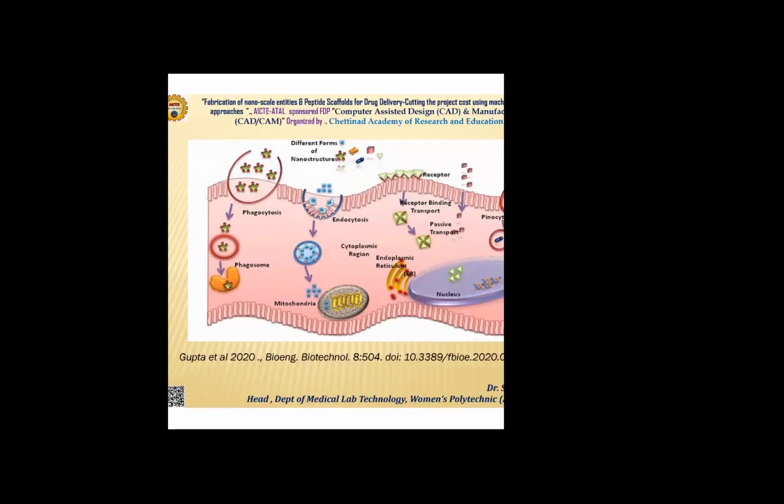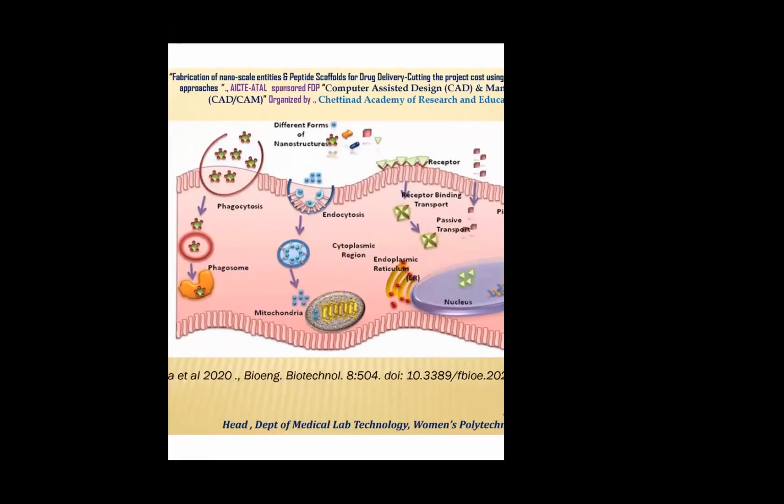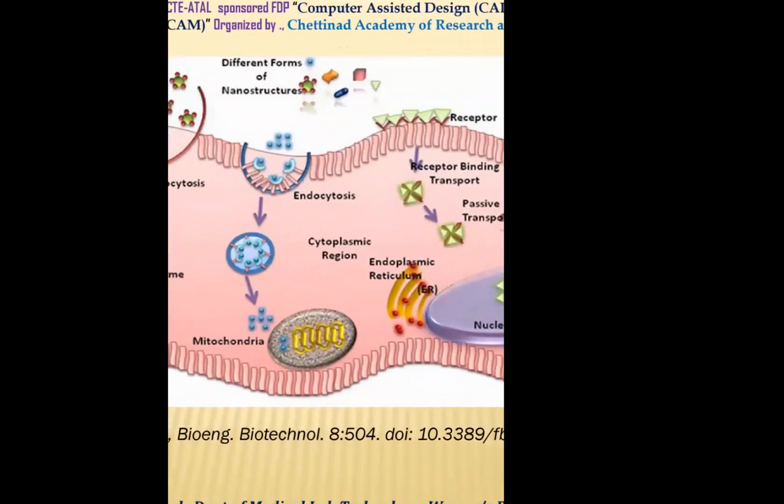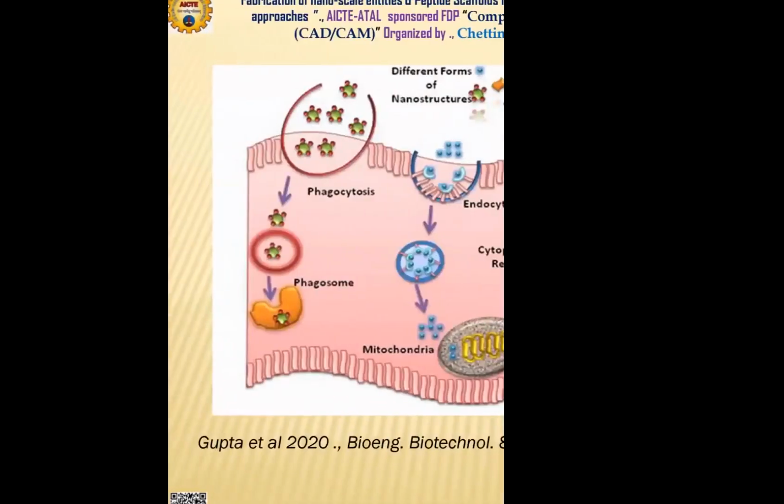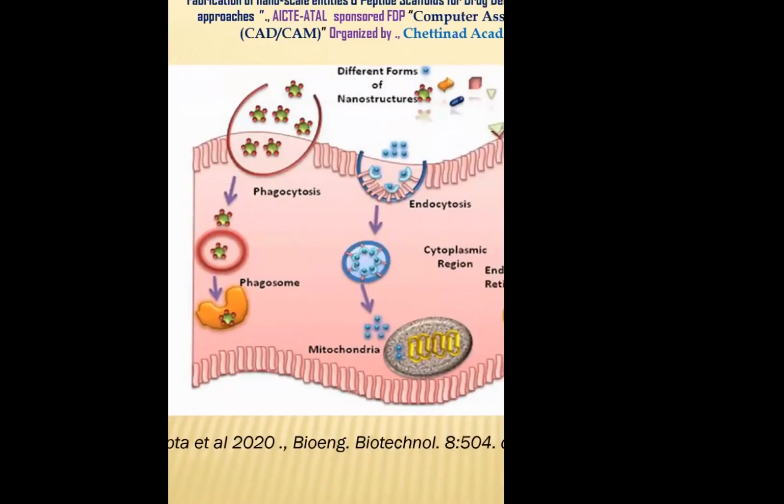So what are the different pathways through which the nano-engineered medicines can be delivered? The first one, as everybody knows, the nanoparticles will enter the system through phagocytosis, enter into the phagosome and subsequently be delivered to a particular target. Then there is clathrin-coated endocytosis, as you know. The clathrin-coated pits are usually useful for internalization of various kinds of cholesterol.